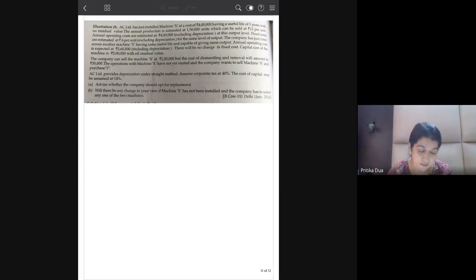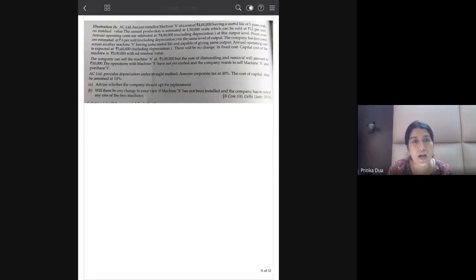Okay, so in this question, AC Limited has just installed machine X at a cost of 4 lakh rupees, having a useful life of 5 years, after which there will be no residual value. You are given the annual production of 1,50,000 units, which can be sold at 12 rupees per unit, and you are also given the operating cost.